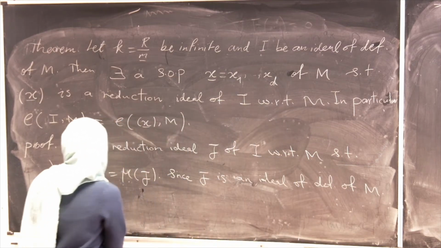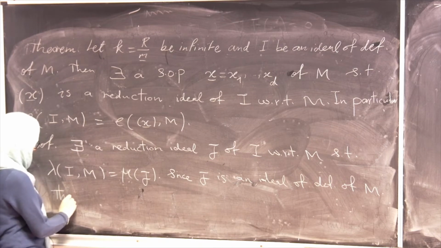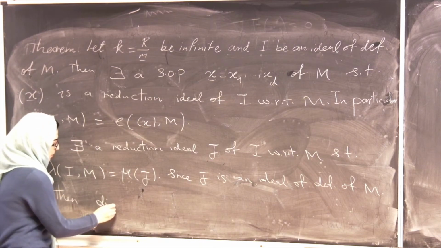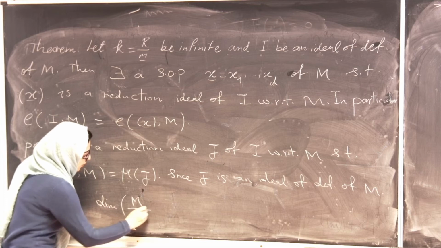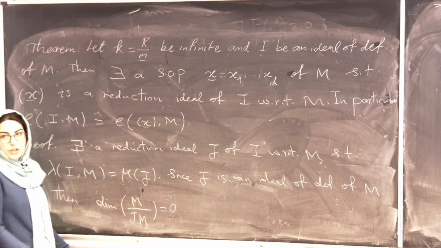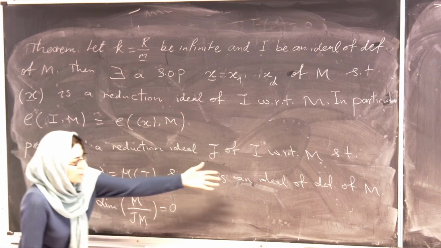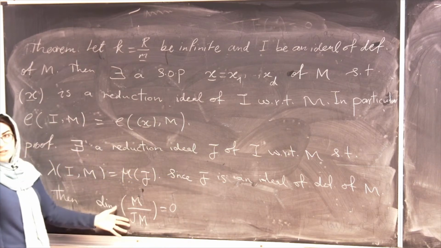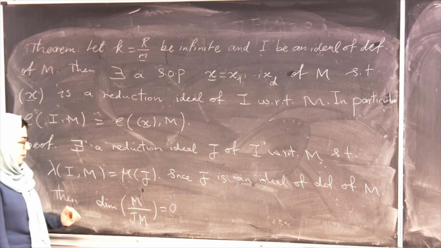What does this mean? This means that the dimension of this quotient module is 0, because by the definition of an ideal of definition, this is annihilated by some power of the maximal ideal.